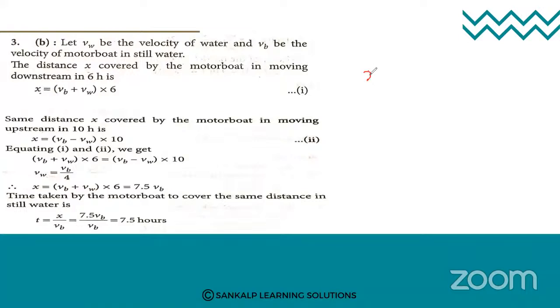So what is the velocity here? Velocity of boat plus water, into time. So time 6 hours, this is equation 1. The next case is in the 10 hours.